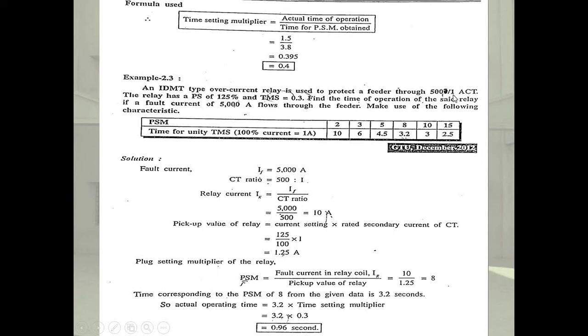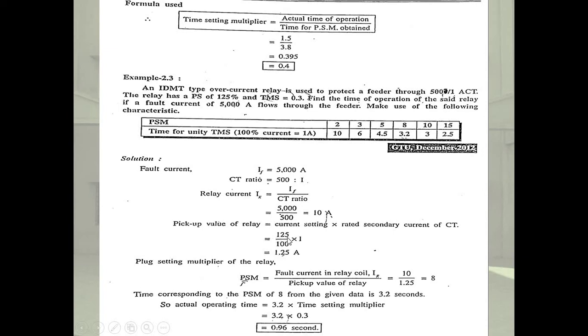The CT ratio is 500 by 1, and relay current equals fault current divided by CT ratio. Fault current is 5000 ampere and CT ratio is 500 by 1. So relay current is 10 ampere. Now the pickup value of the relay is current setting into the rated secondary current of the CT. Current setting is 125% and CT secondary current is 1 ampere.